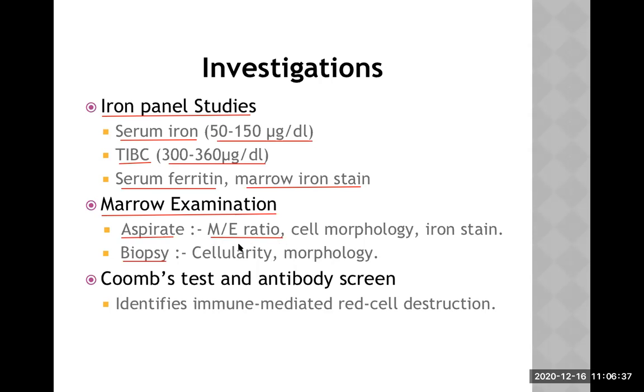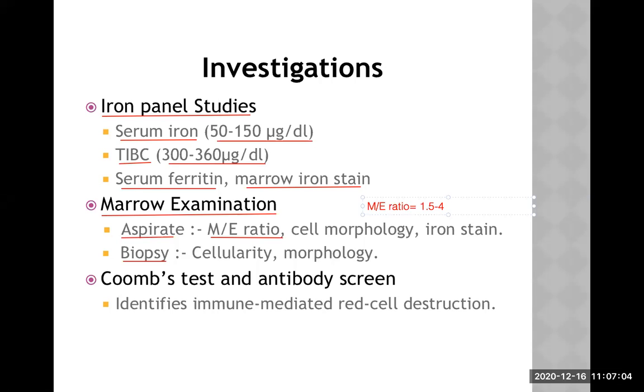So when we take the ratio, the normal myeloid erythroid ratio here is, let me write it here, according to different textbooks, from 1.5 to 4, or sometimes even 5.